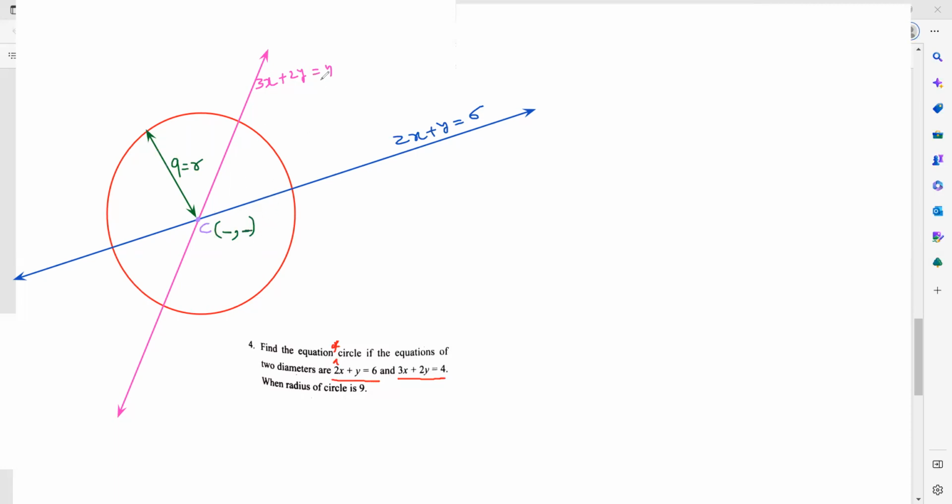I understand that the center is the point of intersection. I will write here: the center of the circle is the point of intersection of two diameters.